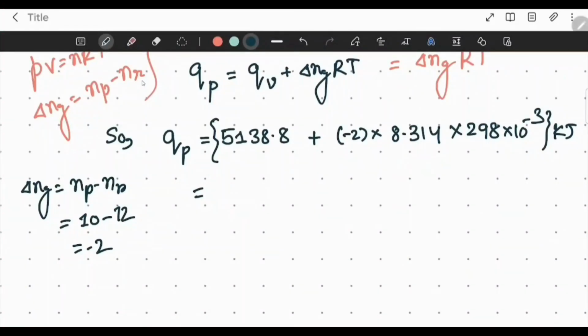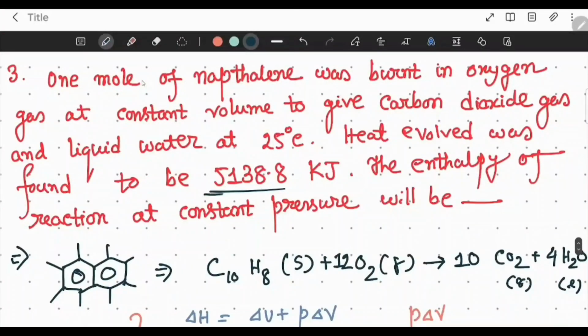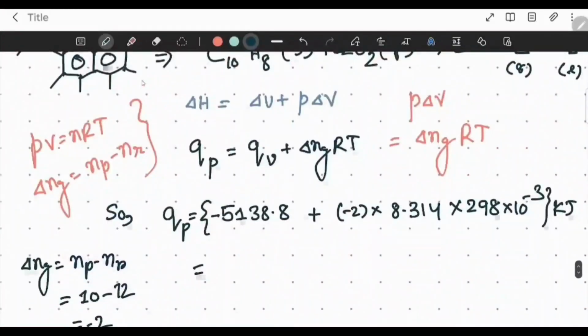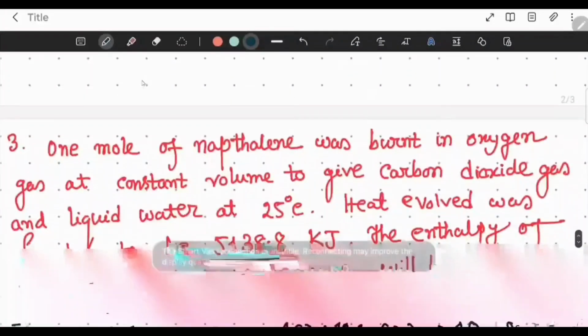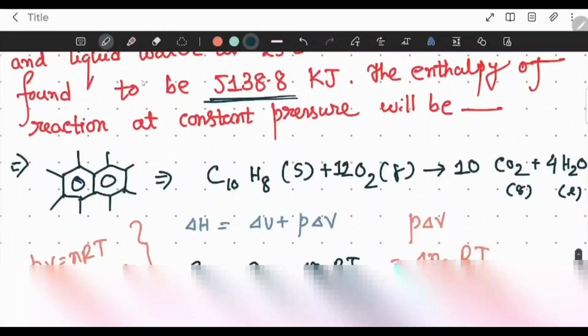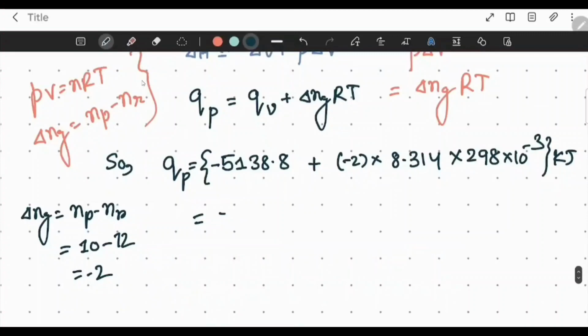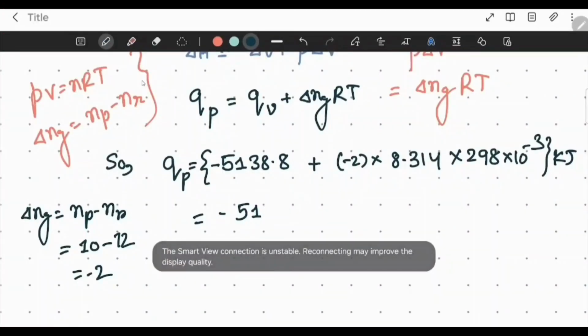Okay, my mistake, the minus sign. Because this amount of heat is released during combustion, because it is burned, right? So this amount of heat is going out, as we discussed in the previous question. So it will be 8 kilojoule. Okay, so this is the question.